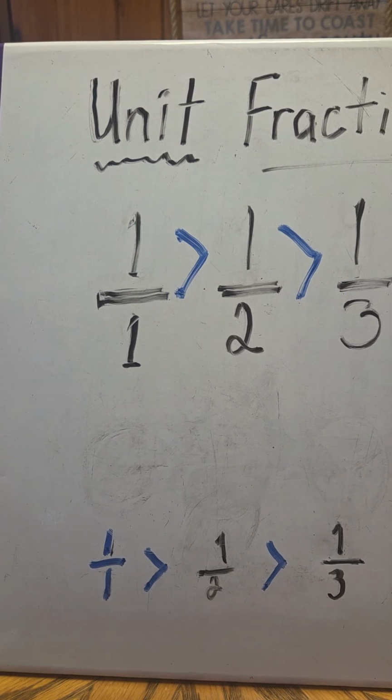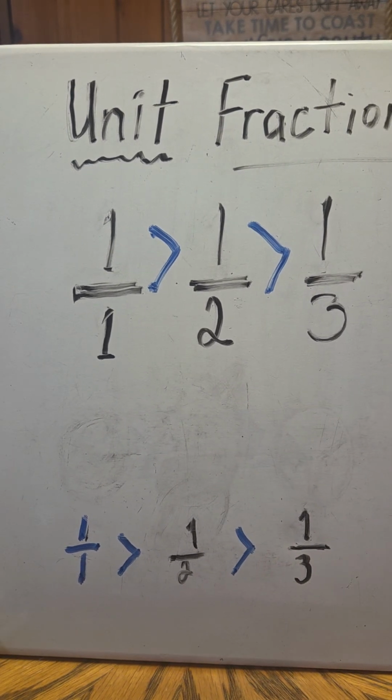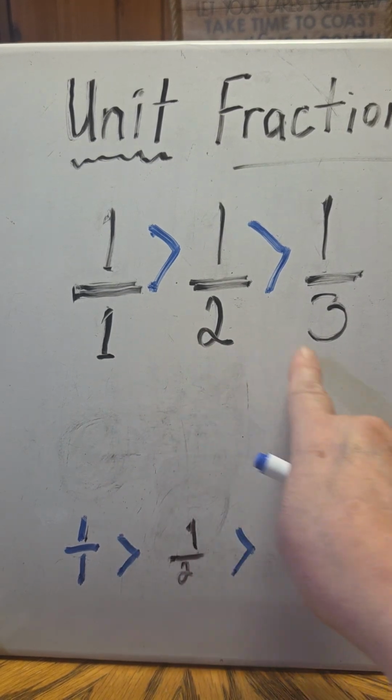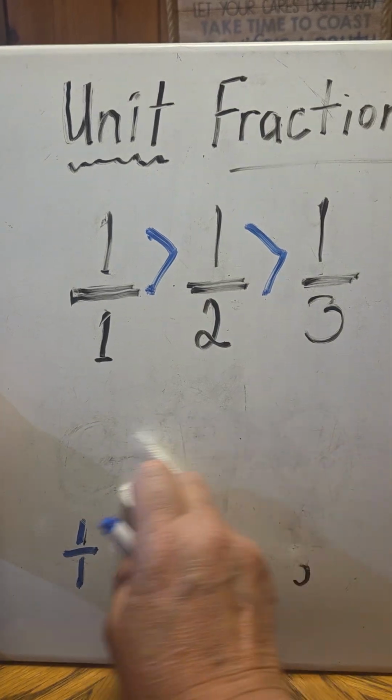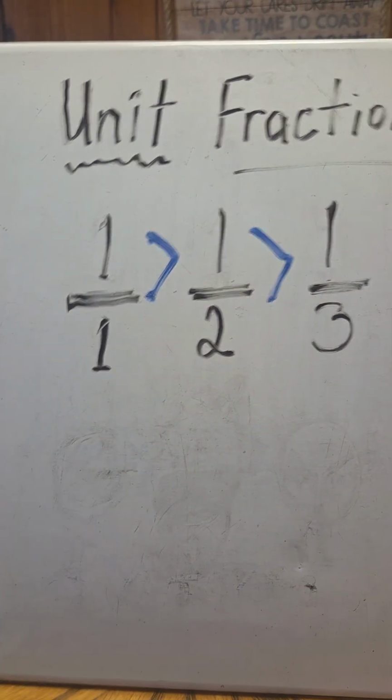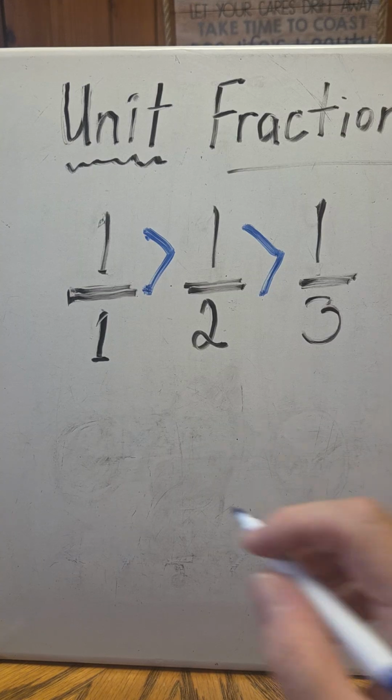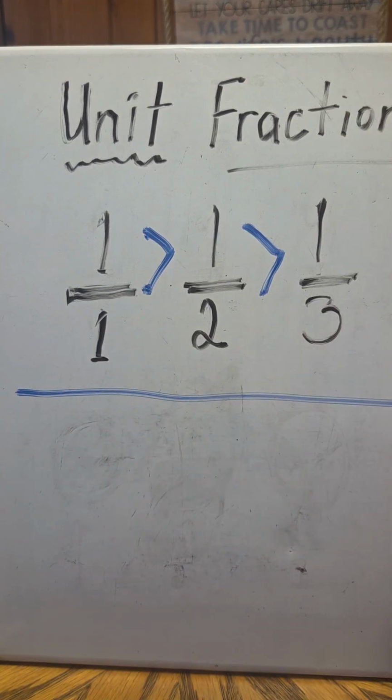So we don't have the pictures anymore. We've already thought about those, and we don't need to see the picture. But I want you to stare at these, because there's a trick to comparing fractions. If I was just comparing, so there's the fractions up there.